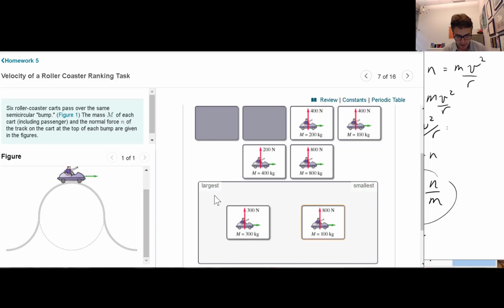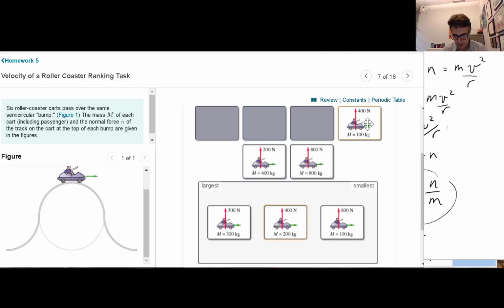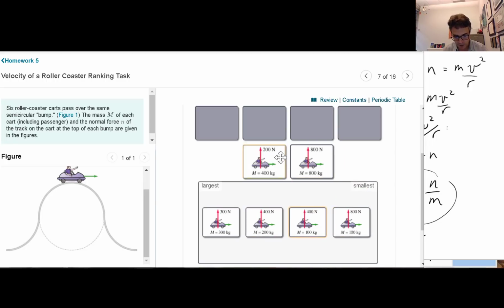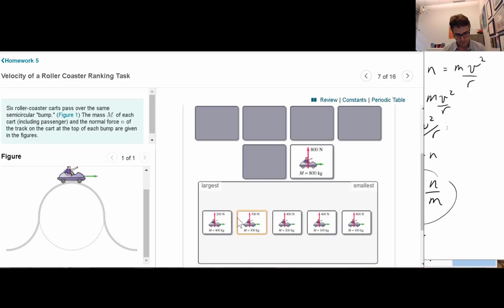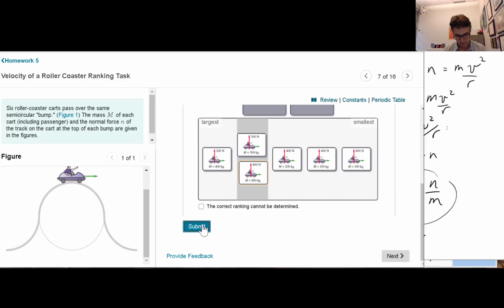We want smallest n over m to largest n over m. So this is 2, which is between 1 and 8. This is 4, which is between 2 and 8. This one's a half, which is less than 1, and then there's 1, which ranks right like that. Submit.